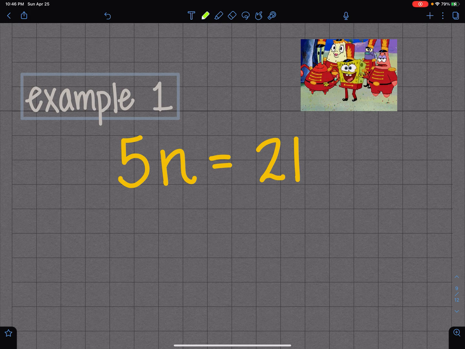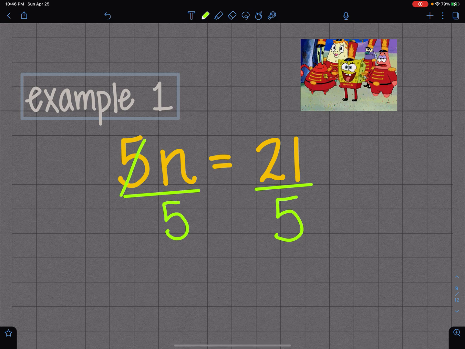So in my mind, when I do these kind of problems, I say, I want to end up with the n being by itself on one side of the equal sign. So to do that, I need to divide this side by 5 and divide this side also by 5. When I do that, I can cancel out these 5s.